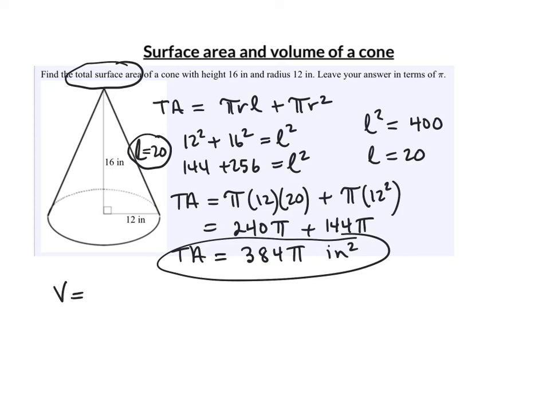The volume is 1/3 area of the base, pi r squared, times the height. Now this is the actual height, meaning it's 16, not the slant height, but the actual height. So we get 1/3 pi times the radius squared times the height.